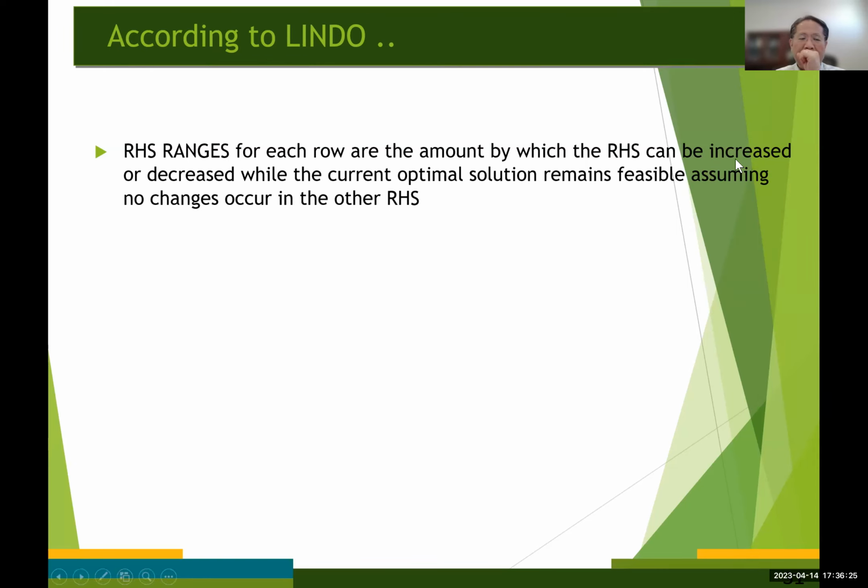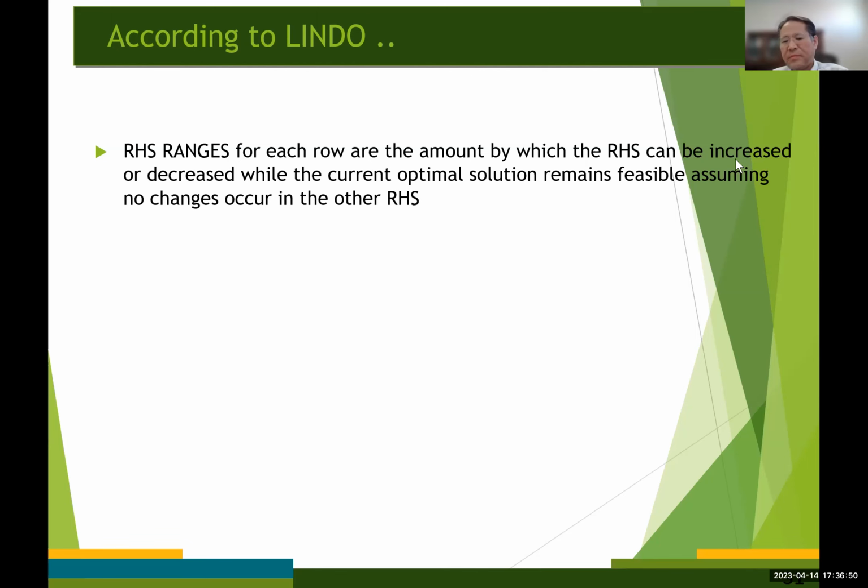And in the Lindo output, the right-hand side ranges for each row are the amount by which the right-hand side can be varied while the current optimal solution remains feasible. So this range is about the feasibility.